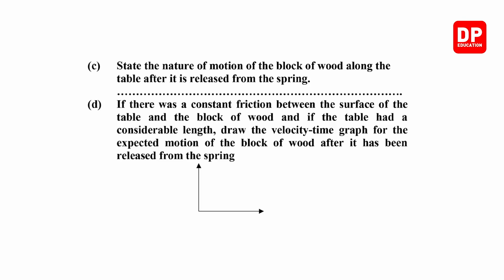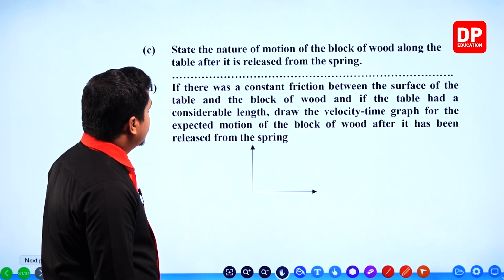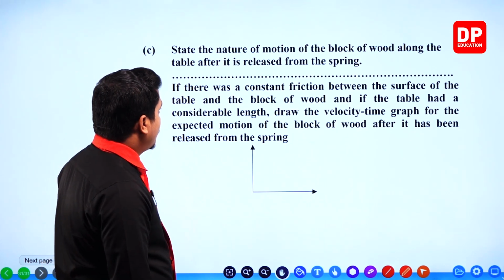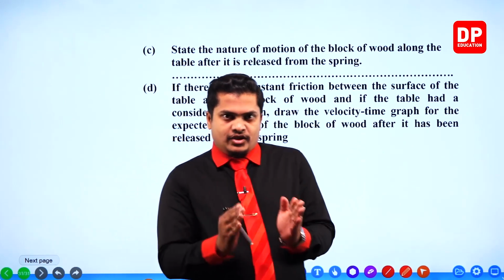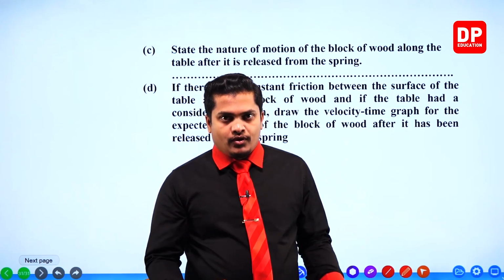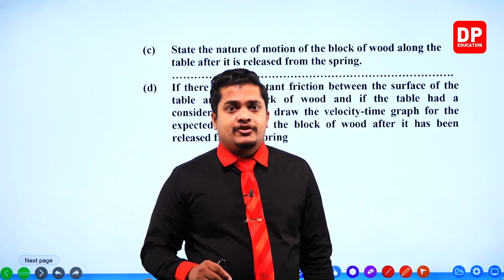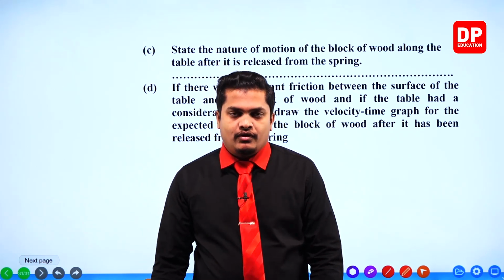State the nature of the motion of the block of wood along the table after it is released from the spring. Now, we assume that there is no friction between the table and the block of wood. Therefore, if there is no friction, because of the application of force, it should move in constant or uniform velocity.